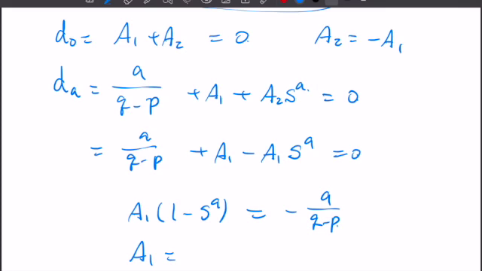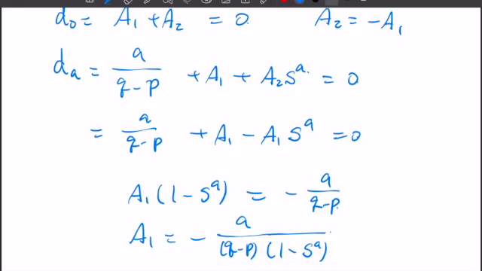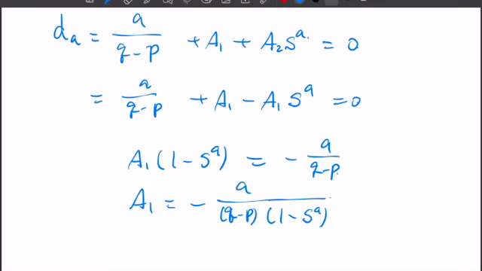So A1 is minus a over (q minus p)(1 minus s^a).